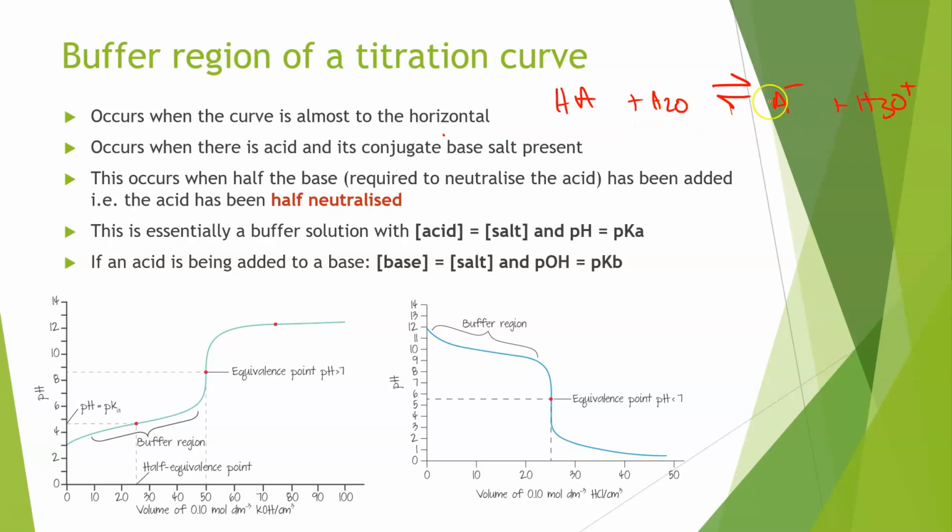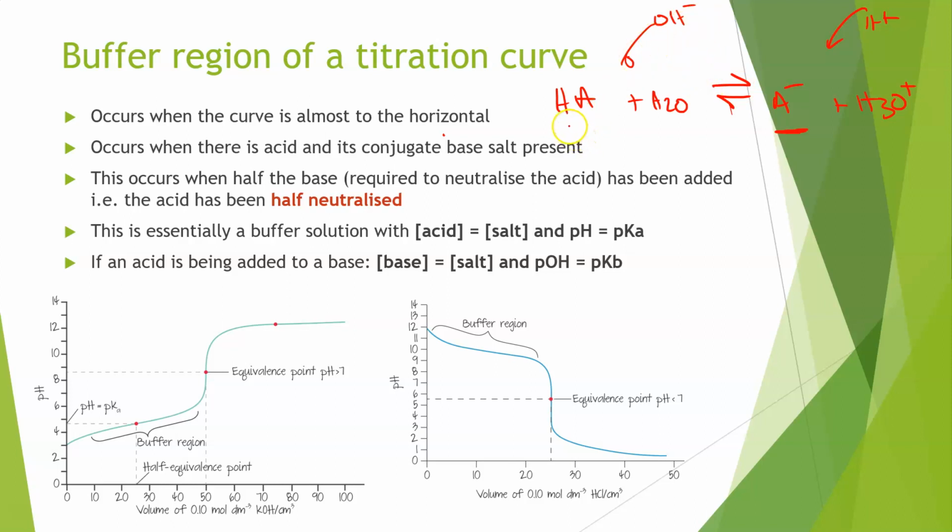And this sets up an equilibrium system. So if we add in H+, the conjugate base can accept the H+, driving the equilibrium system back this way, and HA will ionize. Or if we add base, then we will change the equilibrium position.